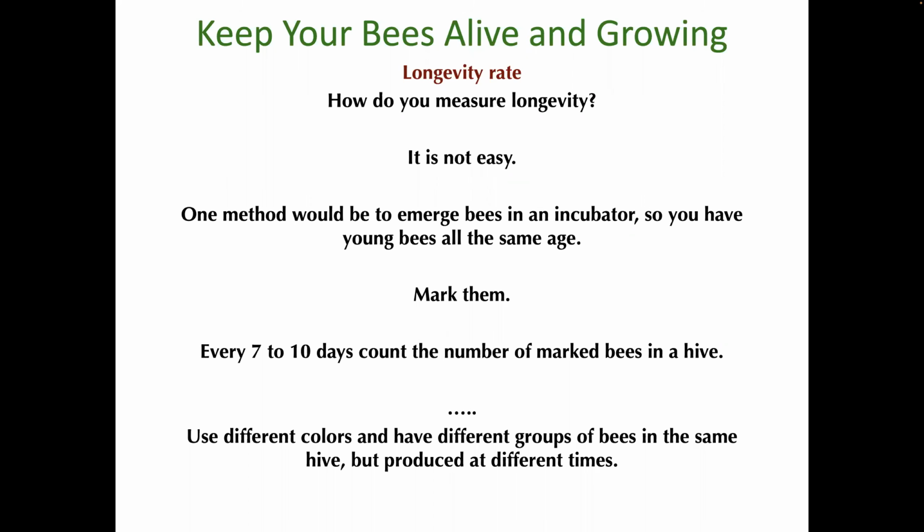And then you introduce these bees into a colony. I should have said that. You count the marked bees that are in the colony every 7 to 10 days, and you can estimate longevity.